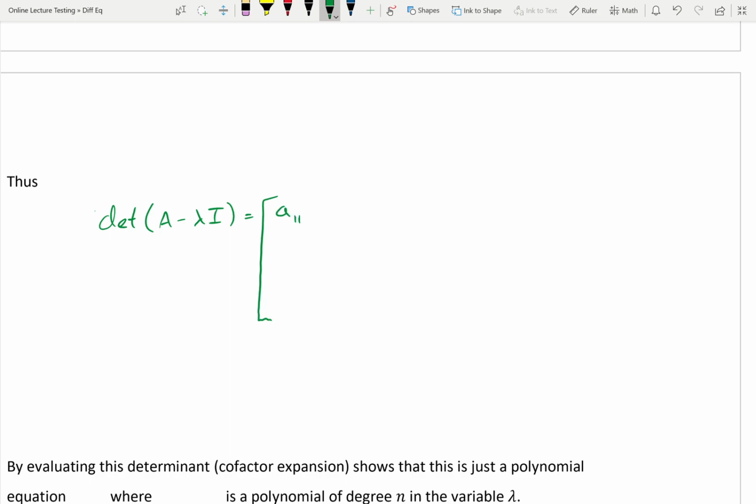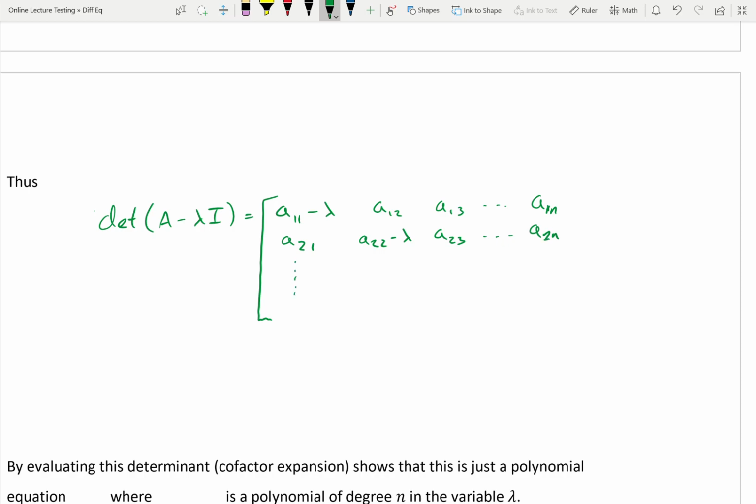So A11 minus lambda, A12, A13, and so forth up to A sub 1n. And then we have A21, our next value would be A22 minus lambda, A23, up to A2n.